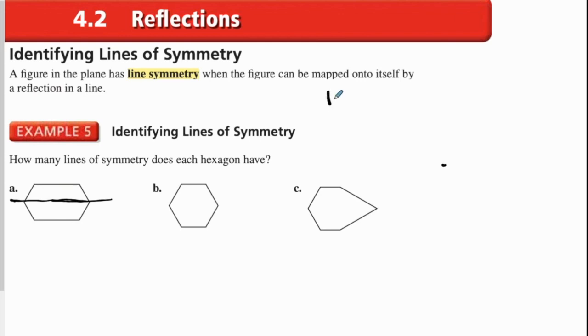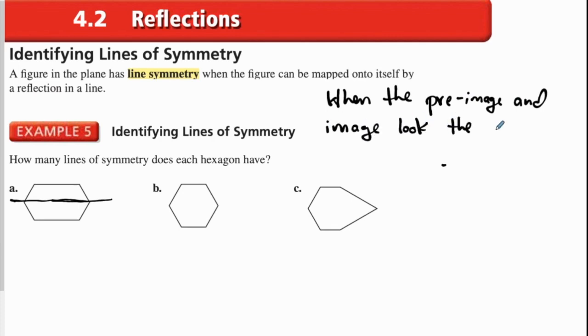So when the pre-image and image look the same after a reflection, the figure has line symmetry.